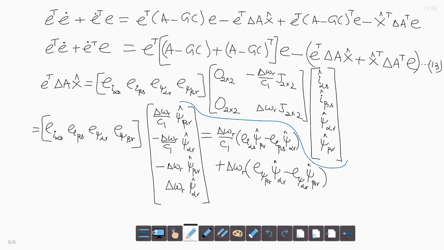So, in this equation we have C1, which is given by sigma Ls Lr by Lm. It is very small compared to 1. So, for that reason delta omega r by C1 is much larger compared to delta omega r.